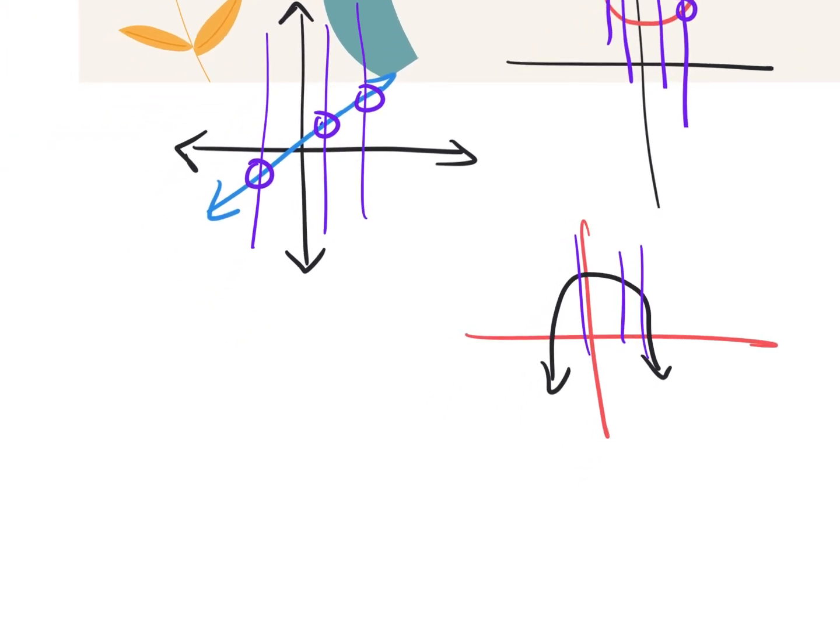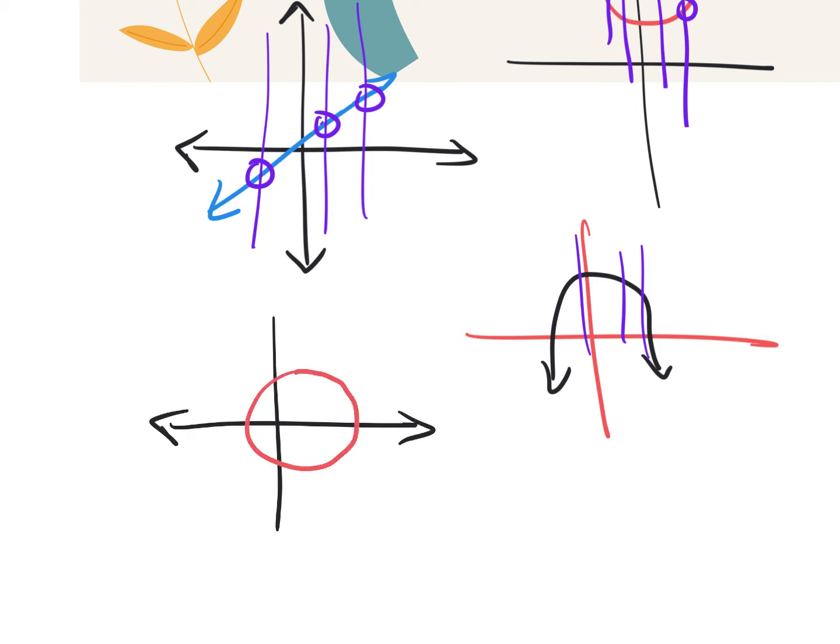Now, when I have a hyperbola or a circle or an ellipse, these will not be a function. So for example, if I were to graph a circle on my graph, notice when I draw my vertical line, it hits it here and here. So this one is not a function.